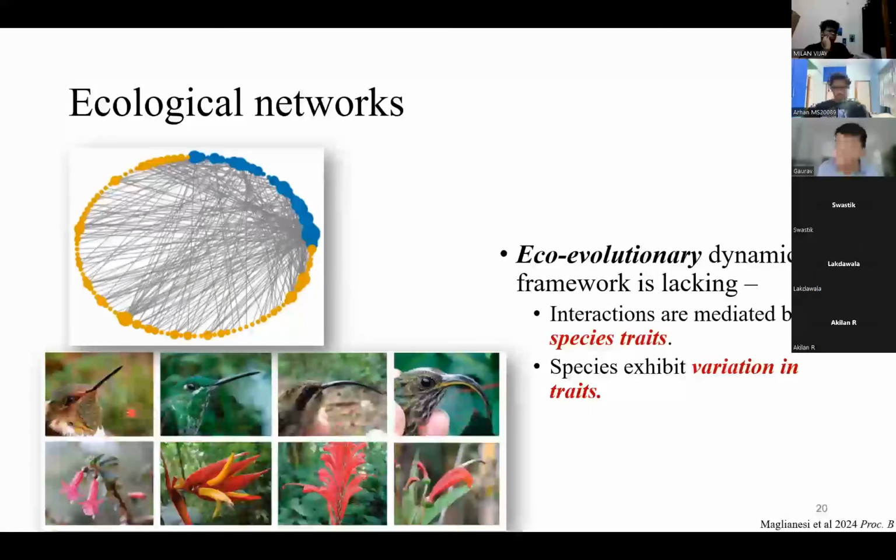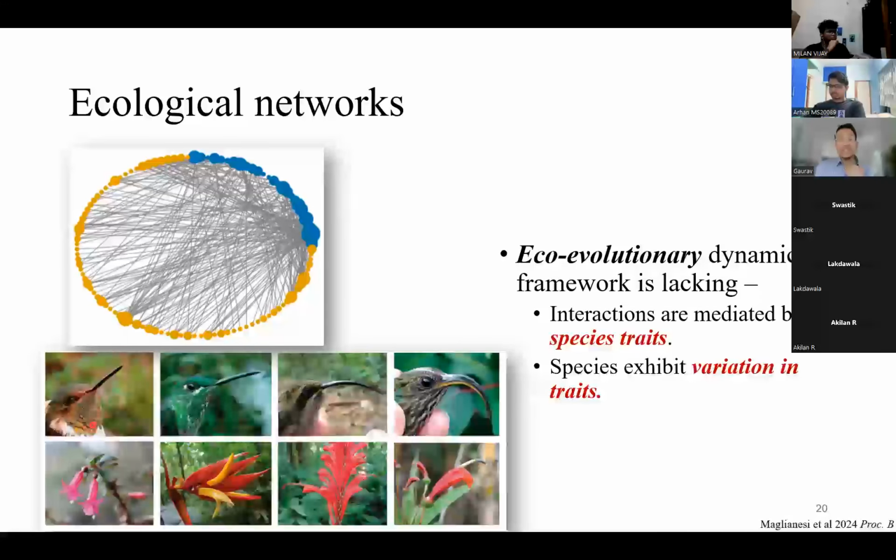These are different hummingbird species, and you can see the phenotypes of the beak depth, or the morphology of these beaks, are very different. This is very much associated with which kind of plant they can pollinate. For instance, this particular corolla is bent, and it is particularly suitable for this hummingbird, which has a bent beak.